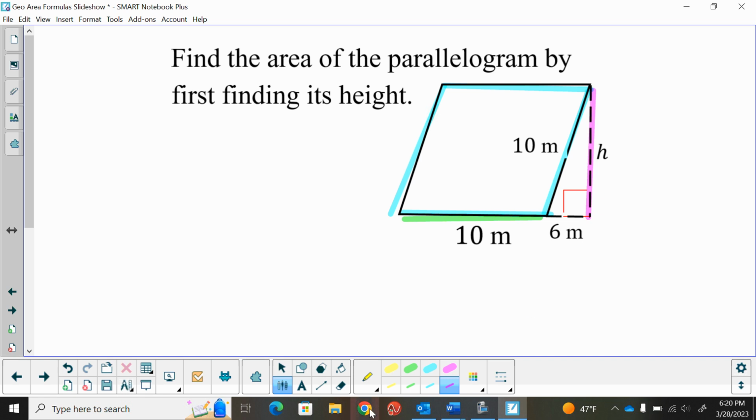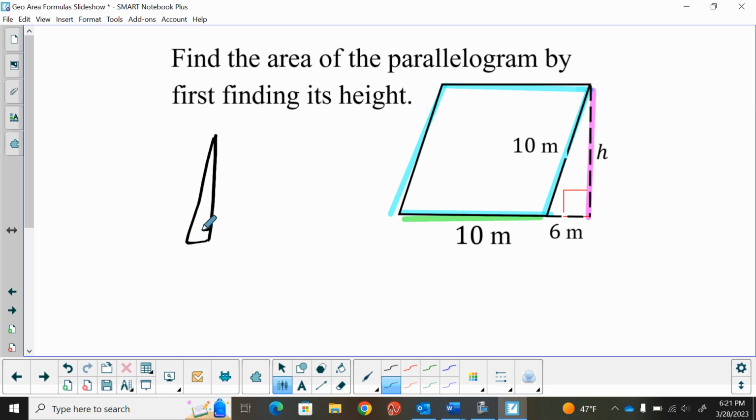All right, so notice what we can do is create a right triangle. So if we extend that base just by 6 meters down here, we've got this side of the parallelogram is 10 meters, and we need to find the height. So we can make a little right triangle there.